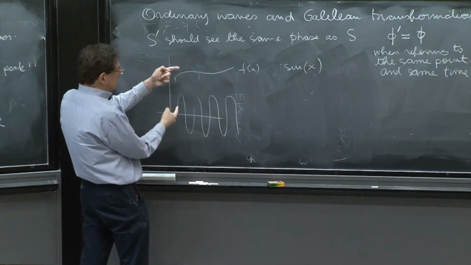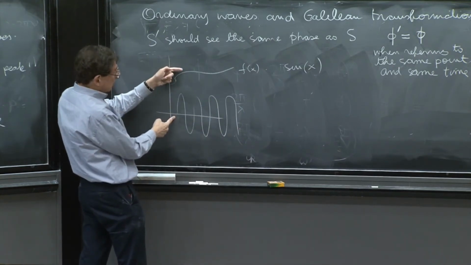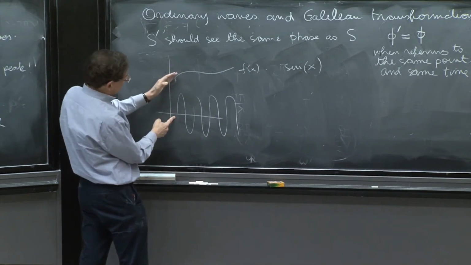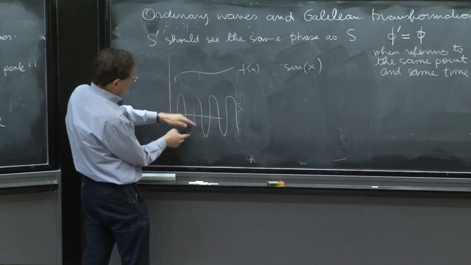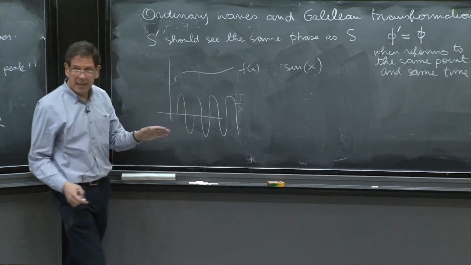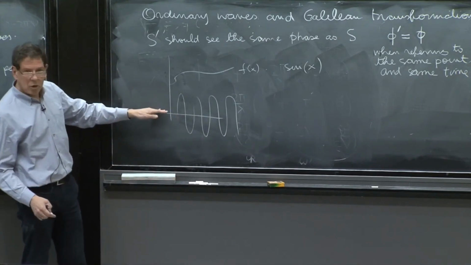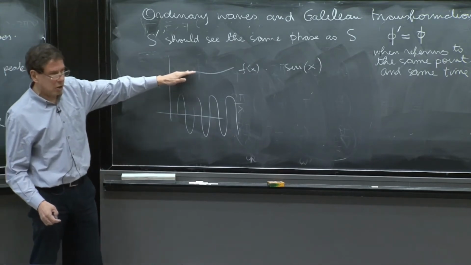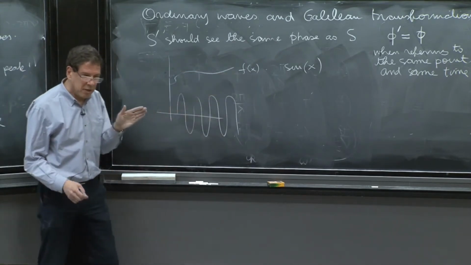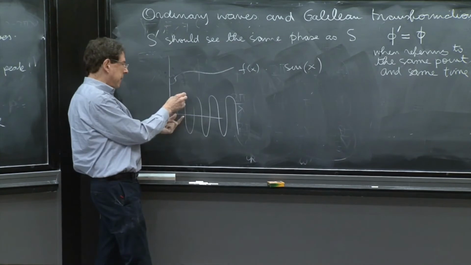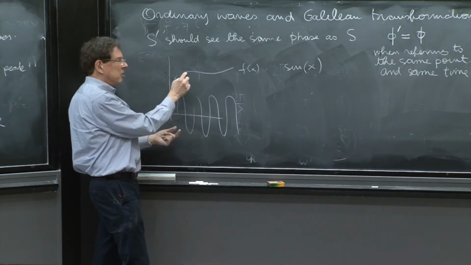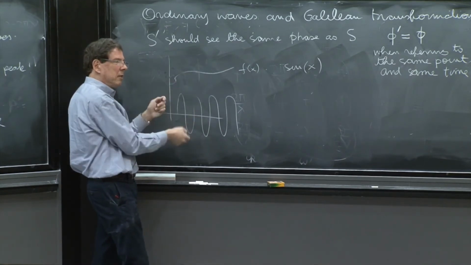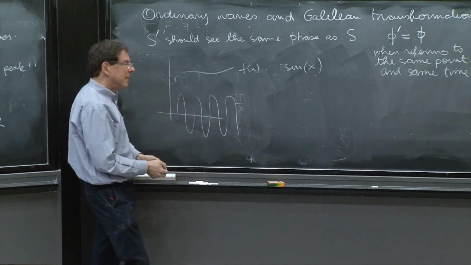If you multiply these two functions, you're going to get a function that is half the time positive and half the time negative. And in fact, the integral will contribute almost nothing if this function is slowly varying. Because if it's slowly varying, the up peak and the down peak haven't changed much the function, and they will cancel each other.